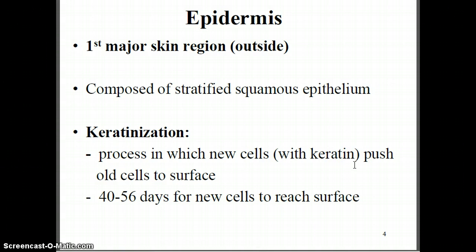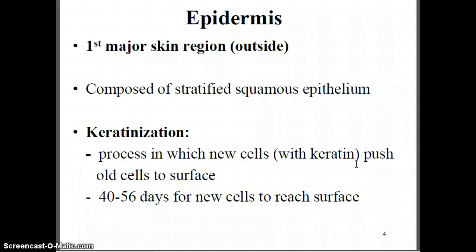And as these cells move towards the surface, they more and more replace their contents. Their cytoplasm is replaced by a protein called keratin, and this is a protective protein. The cells at the exterior of your epidermis are actually, for all intents and purposes, dead cells. All of their cellular material has been replaced by keratin.